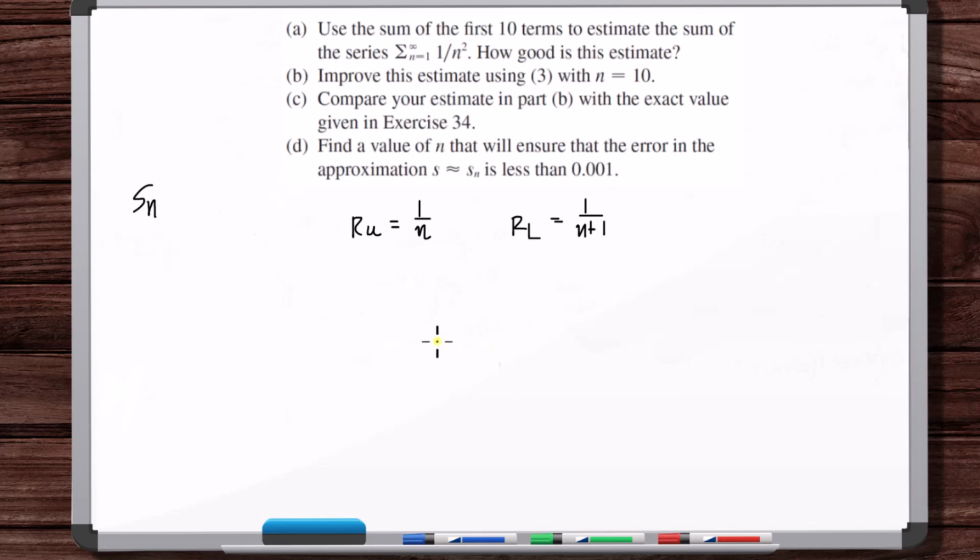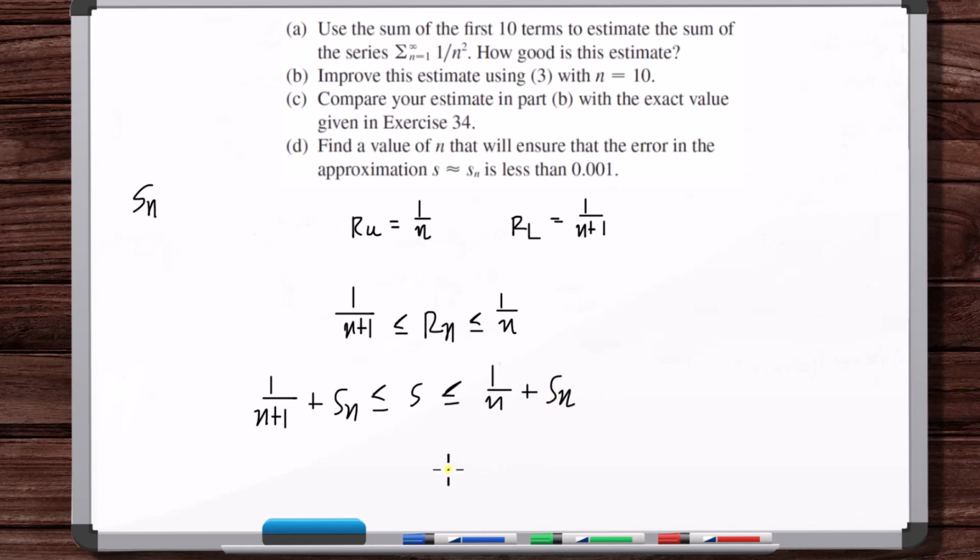Because what we would do is we've got R sub n is less than or equal to 1 over n. And then what we would do from here is add S of n to all sides of this: S sub n plus R sub n is S, right? And then from here, we would take the range of these upper and lower limits, and divide by 2.